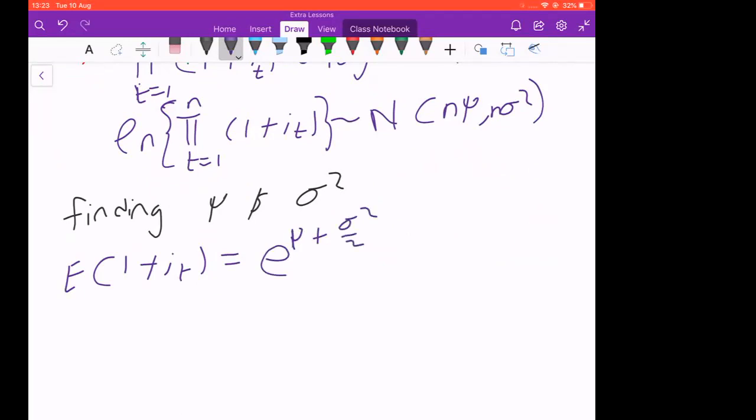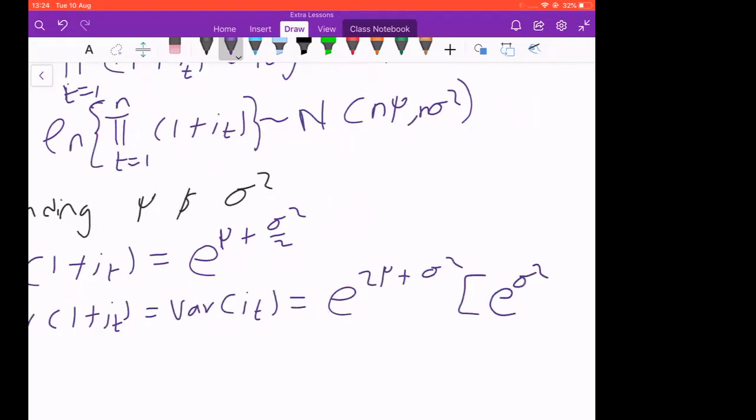And then your variance of 1 plus I is e to the power of 2mu plus sigma squared, times e to the sigma squared minus 1.